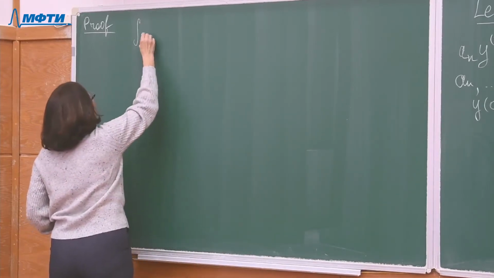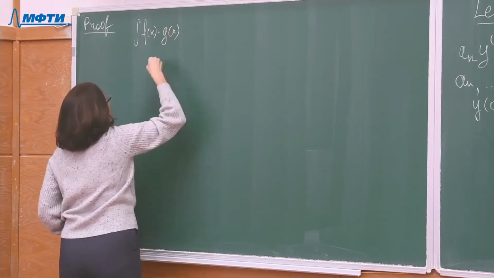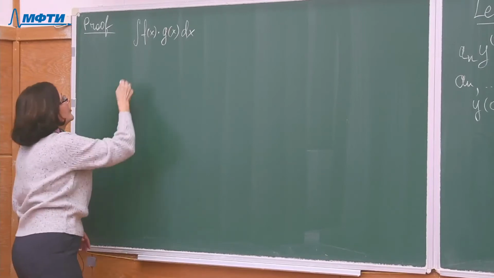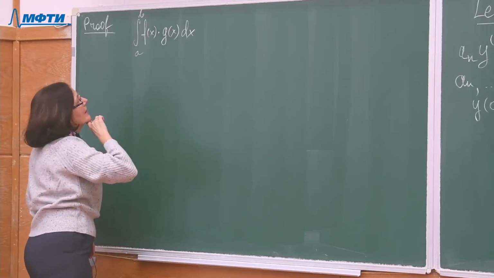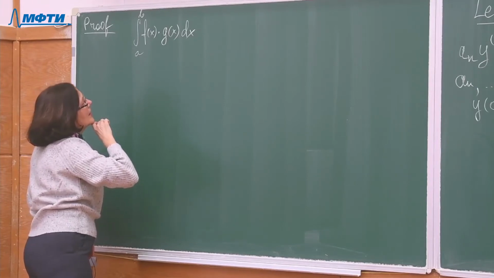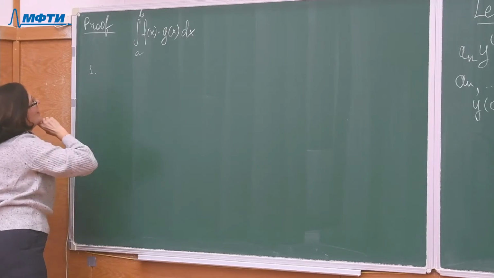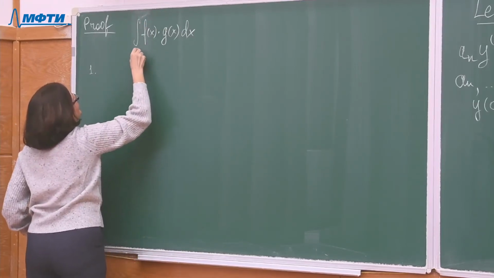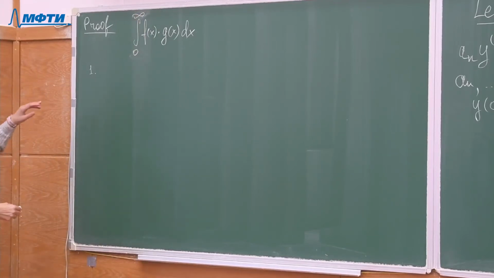theorems about the product? So what about the convergence of a product of functions? From convergent, then f of x times g of x will be convergent. So I think maybe you mean the following. Let it be from 0 to infinity, as in our case.